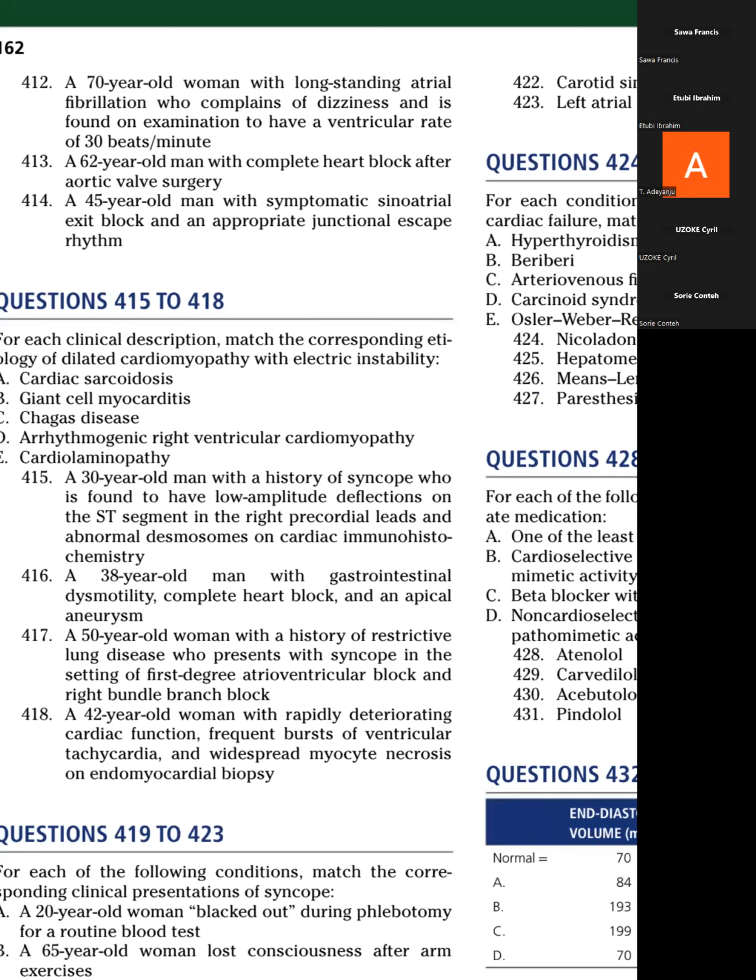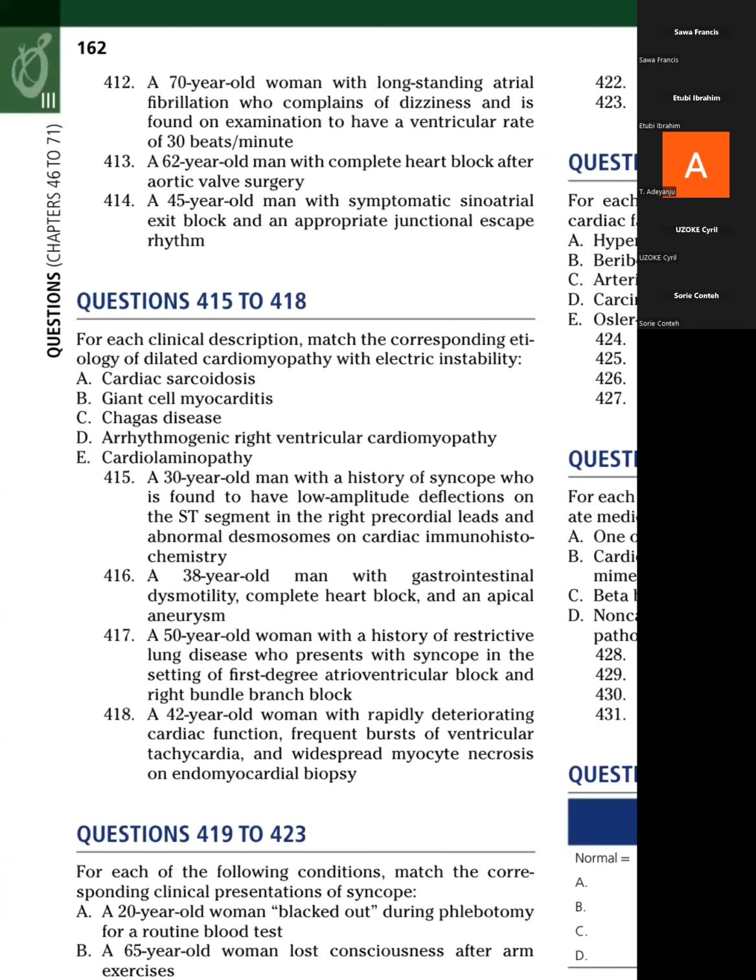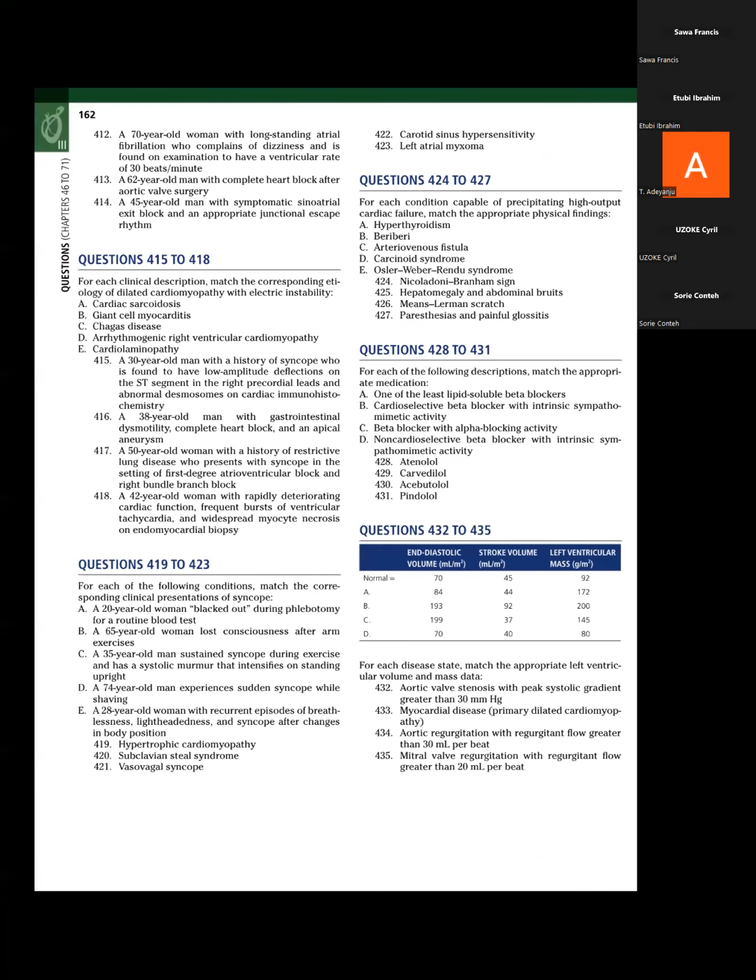Then question 413, it's on a 62-year-old man with complete heart block after aortic valve surgery. The complete heart block is an indication for a pacemaker. So we are looking at what kind of mode this type of patient would need. Please, can you go back to the options?